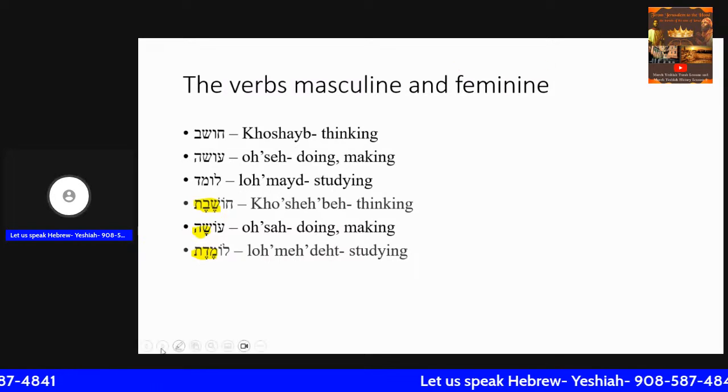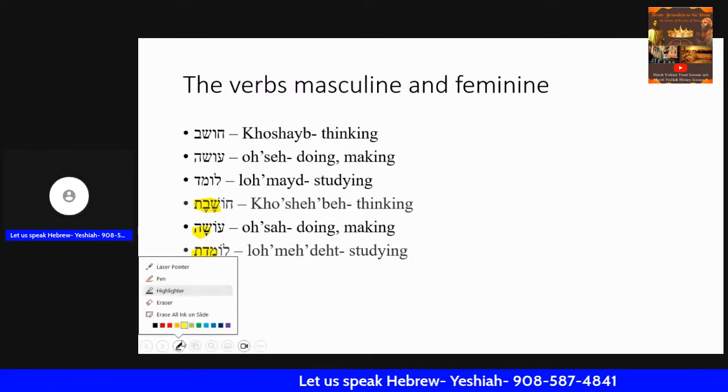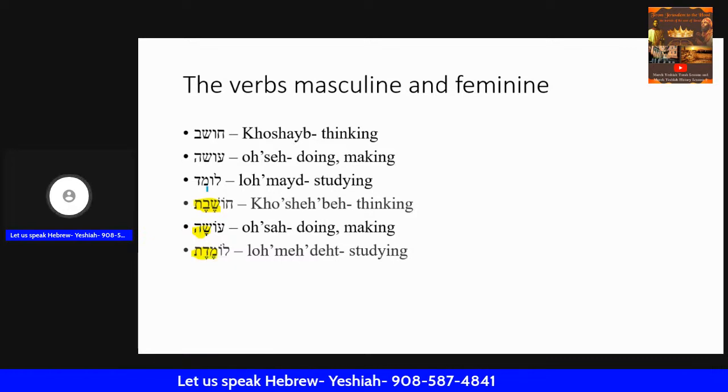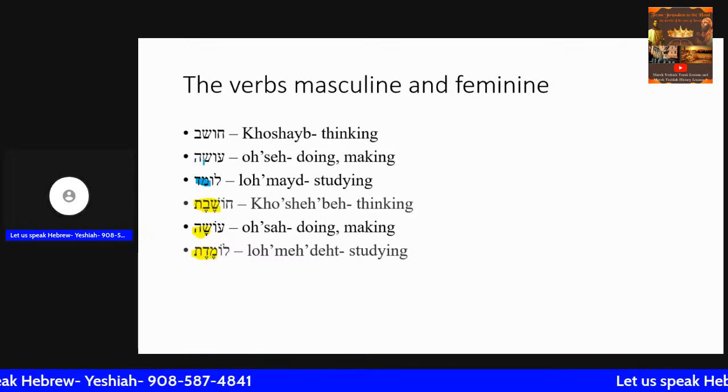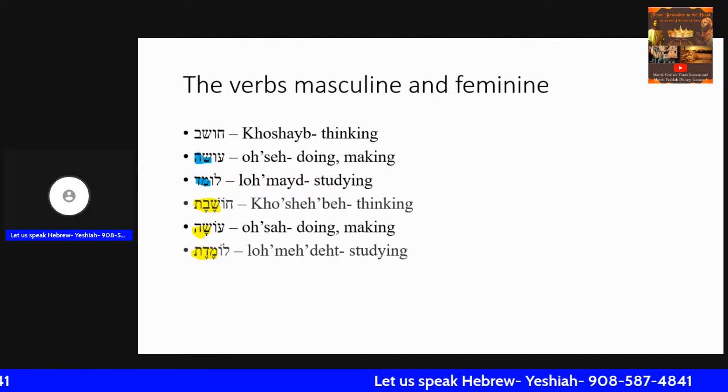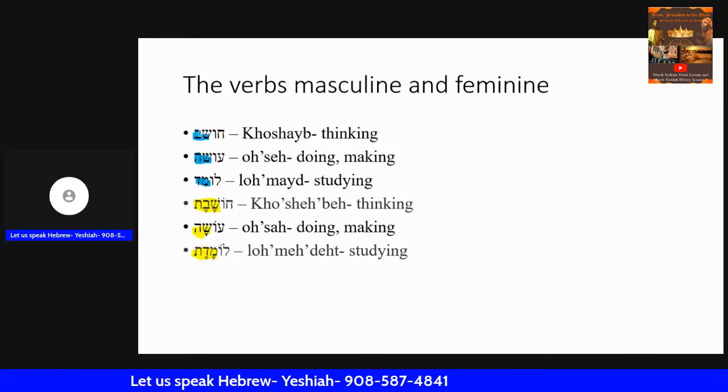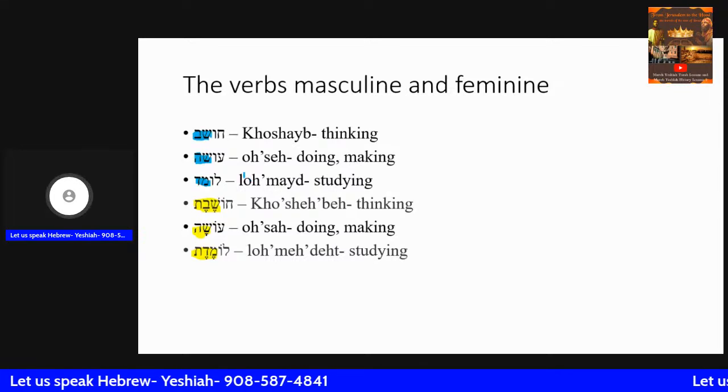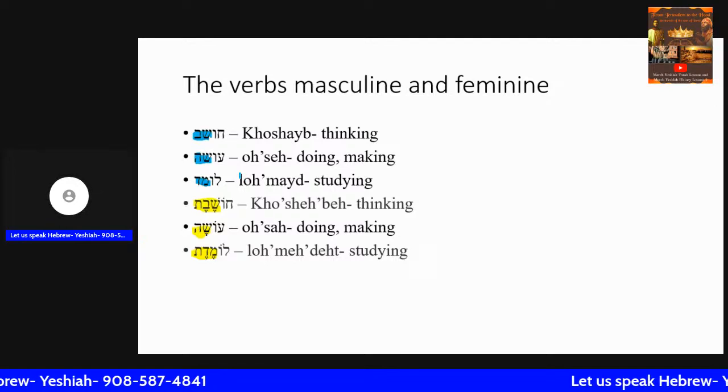What you're seeing highlighted in blue is the masculine. I just want to color code it for edification purposes. So in the yellow is the feminine, the blue is masculine. So we see what these words mean.